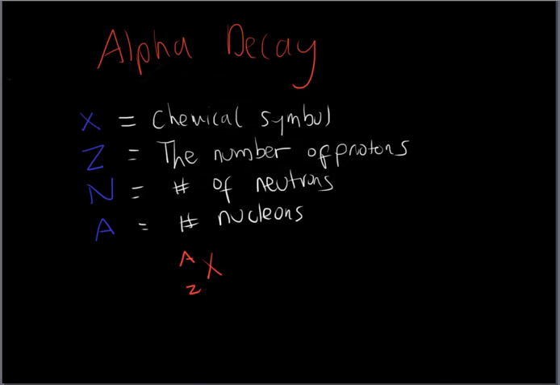Okay, so let's just have a look at an example of an element. Let's take, for example, magnesium, 25 12 Mg. Down the bottom here we have the number of protons. We then have the mass number up here and the chemical symbol.